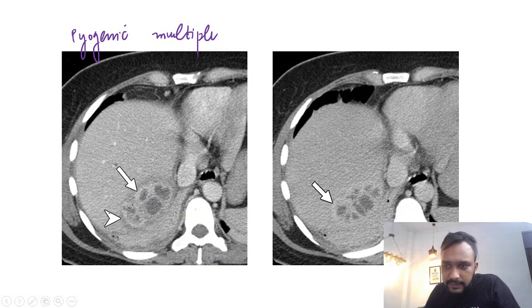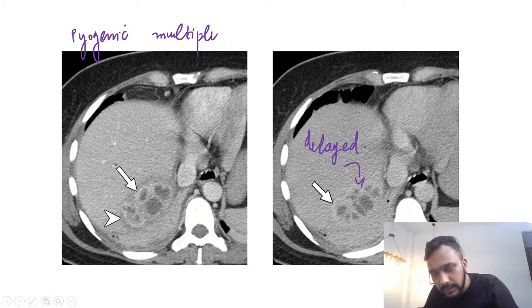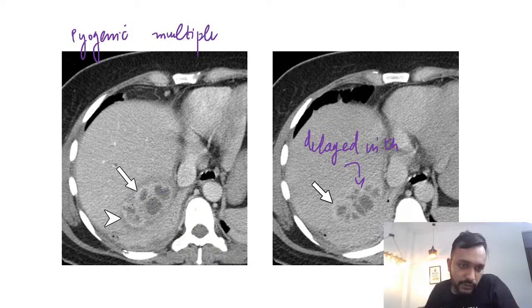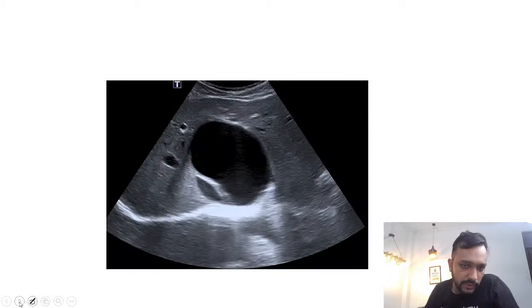And guys, the characteristic of this peripherally hypoenhancing area is that it is going to show enhancement in the delayed phases. This peripheral outer hypoenhancing rim is going to show enhancement in the delayed phases. Okay?